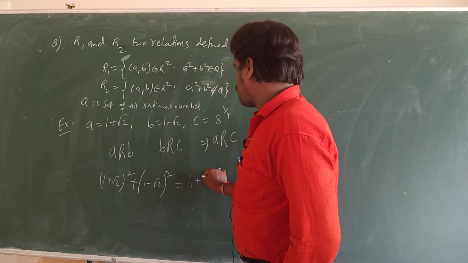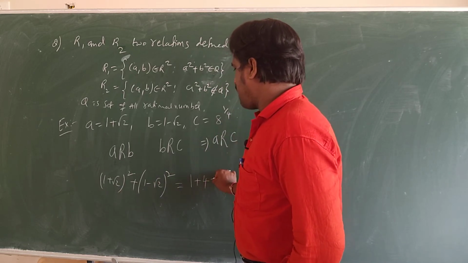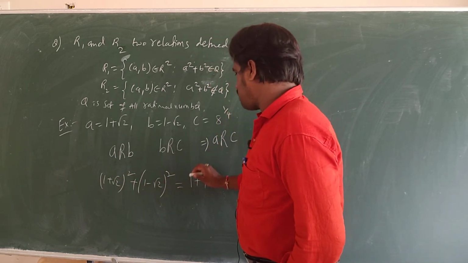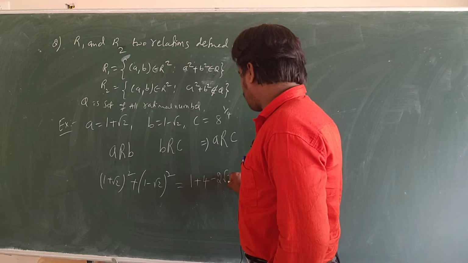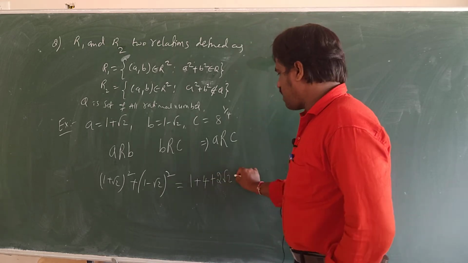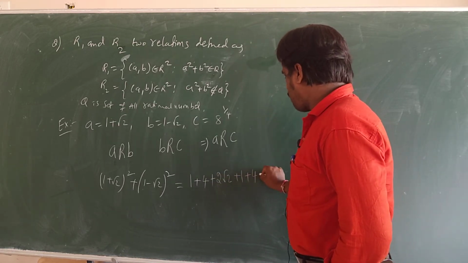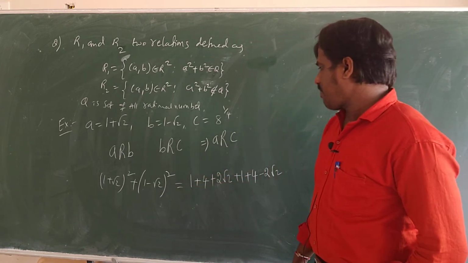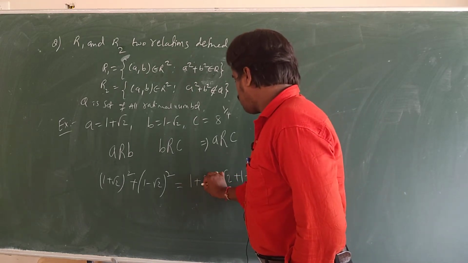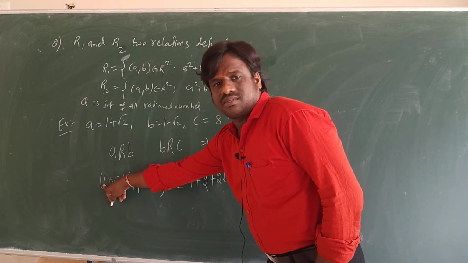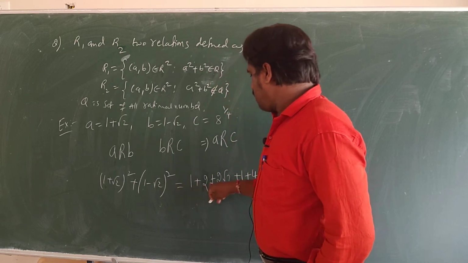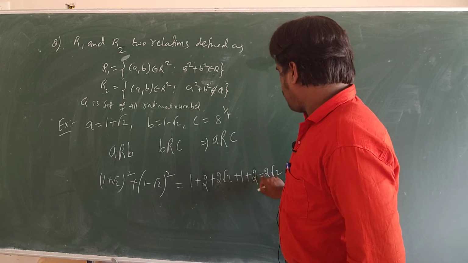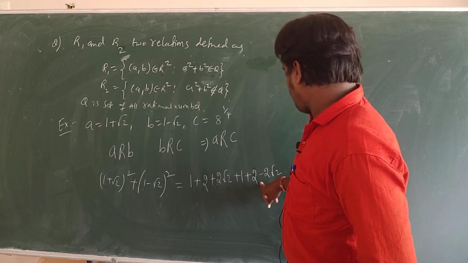So what happens here? 1 plus root 2 whole square is 1 plus 2 plus 2 root 2, and 1 minus root 2 whole square is 1 plus 2 minus 2 root 2. I used the formulas (a plus b) whole square and (a minus b) whole square: a square plus b square plus 2ab, a square plus b square minus 2ab.